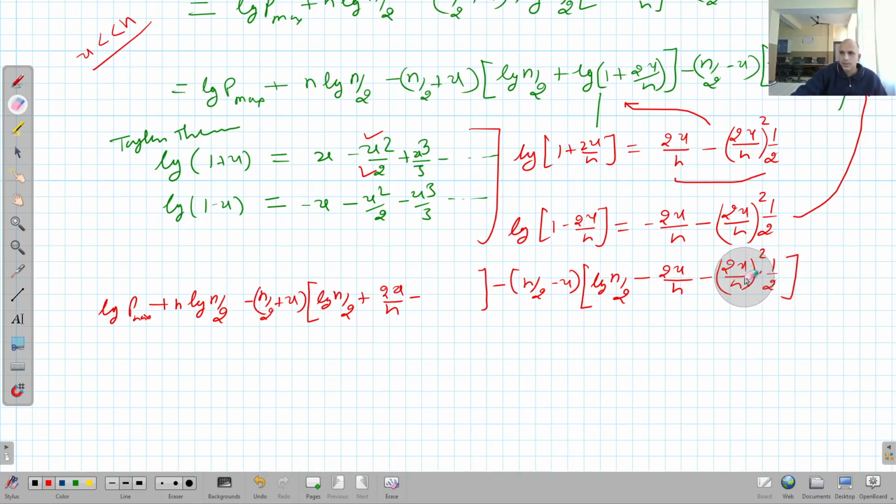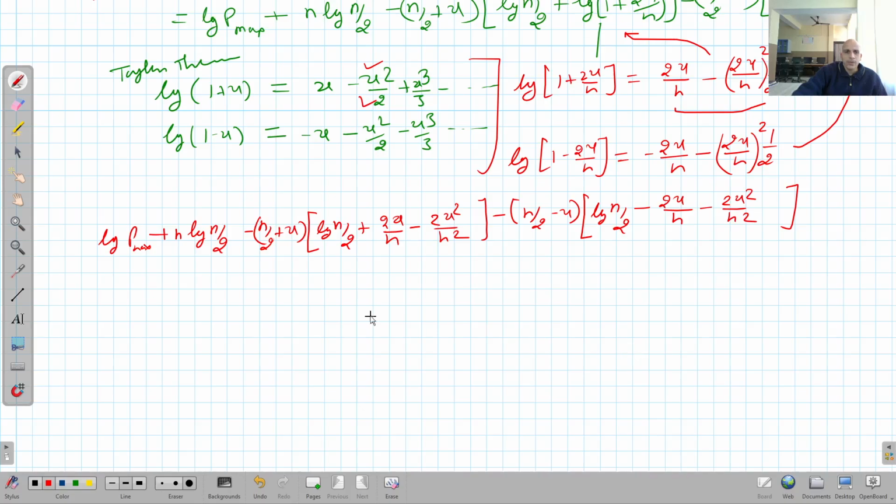Similarly here it will become minus 2x square upon n square, and here it will again become minus 2x square upon n square, right? So now in the next step, I will again solve this equation.